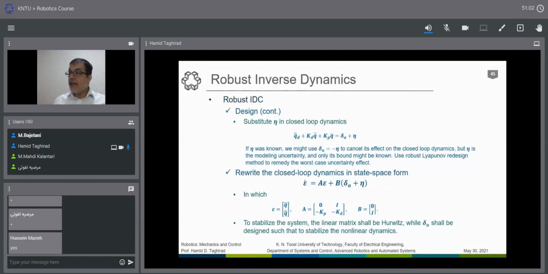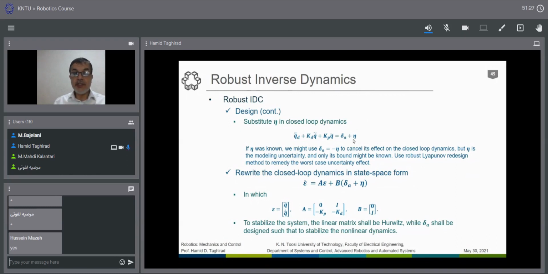So now we go with that and start to design the robust controller. The idea is to define delta A, which is a design parameter we add to robustify the controller, to take care of the worst case possible eta.